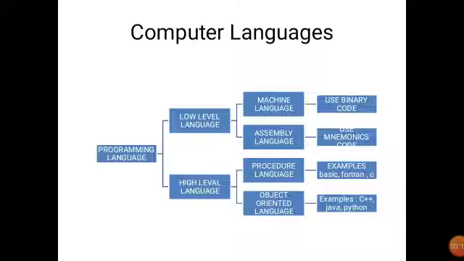Basic, Fortran, C, all these languages are procedure oriented programming languages. C++, Java, Python, all these languages come under the object oriented programming languages.